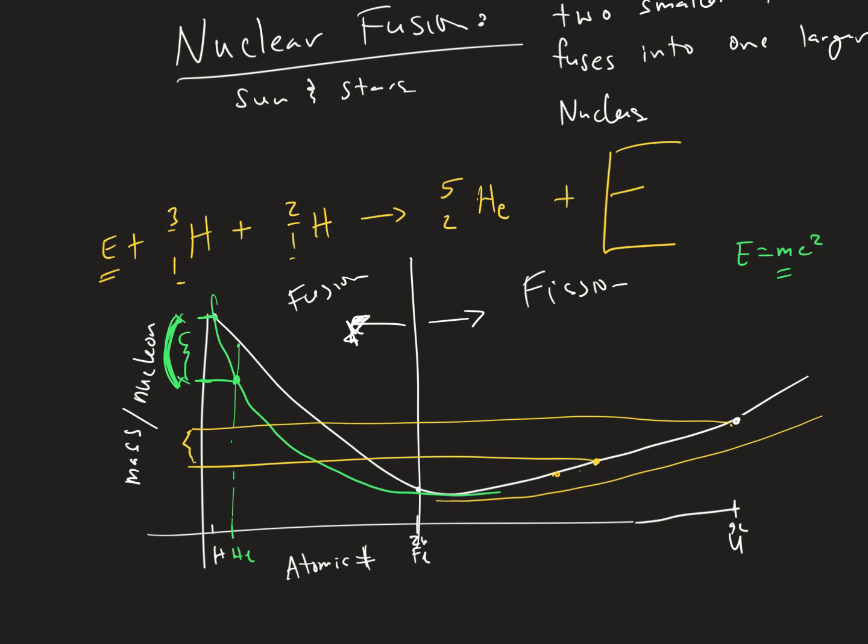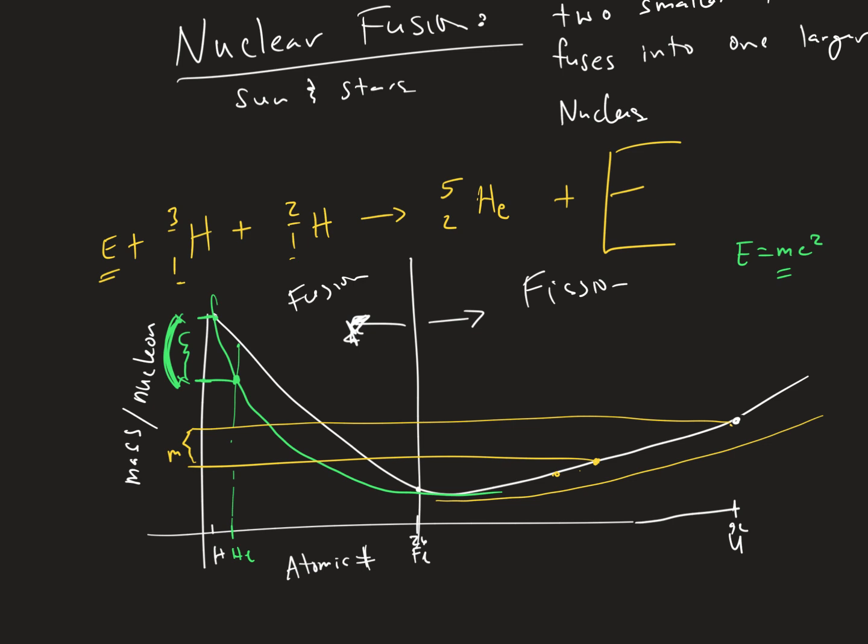I kind of drew that wrong, okay? But that amount of the mass that's lost is converted to energy the same way, but it's a lot less energy than fusion. So fission, a lot of energy, but fusion, a lot more. Hence, it's happening in the stars, in the sun. Good?